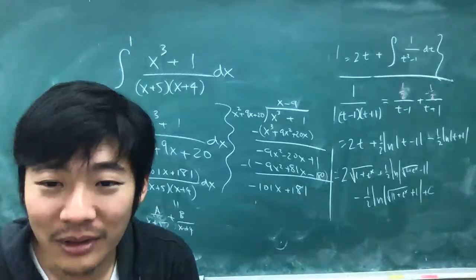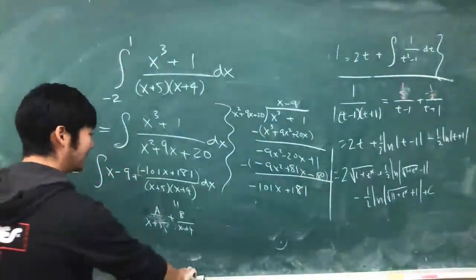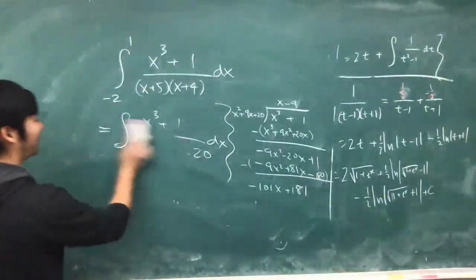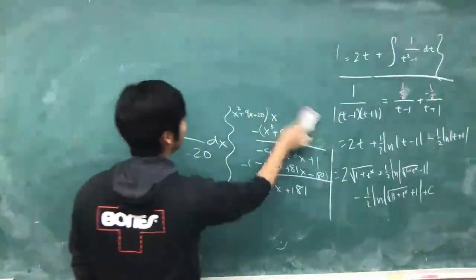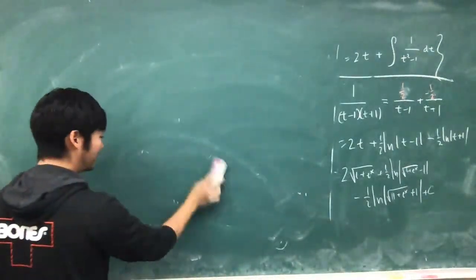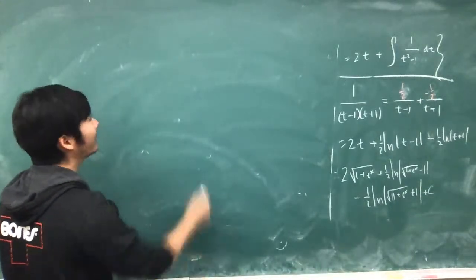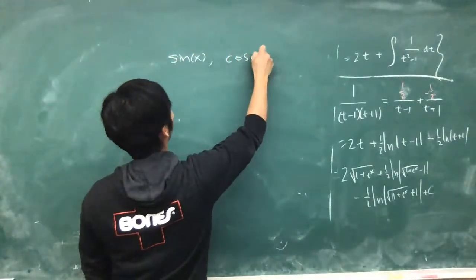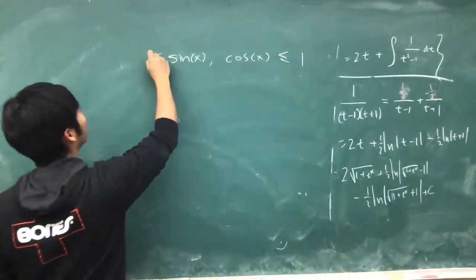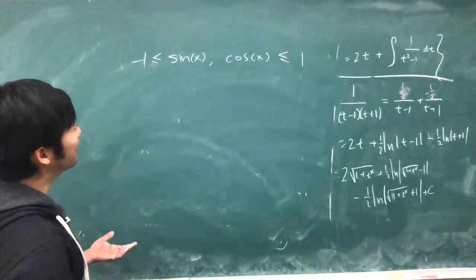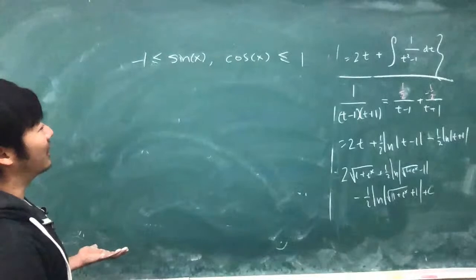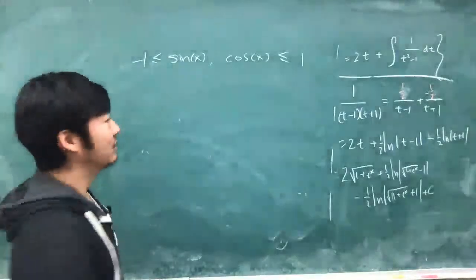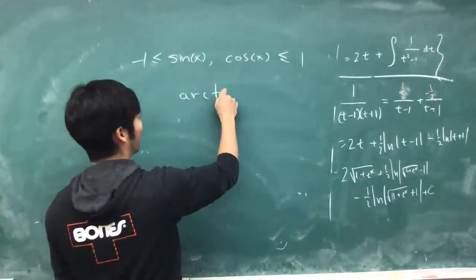Let's see, could you do more examples of squeeze theorem? I mean, for squeeze theorem, whenever you see a function that's bounded by something, that's when you should use squeeze theorem. And you don't really know that many bounded functions. So sine and cosine are one.